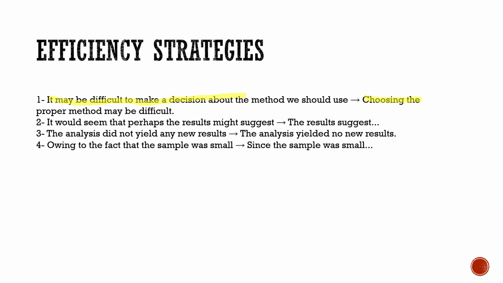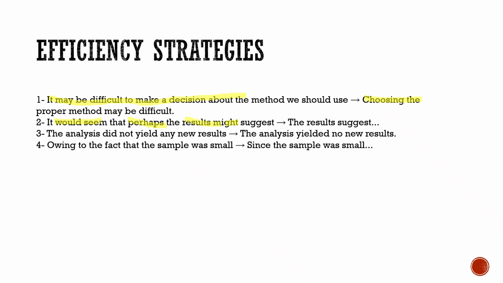In the second example, we have the second strategy, which is to avoid hedge overload. Now, hedging is really important in academic writing, which is related, as we will see later, to the principle of modesty, which means that we use hedging to express uncertainty. But here we have: it would seem that perhaps the results might suggest.